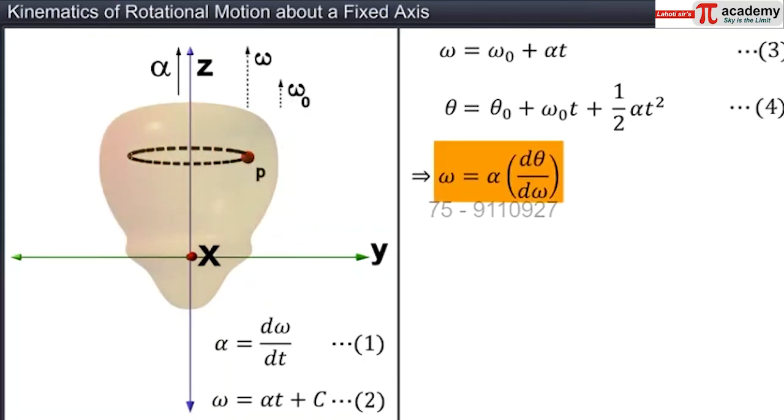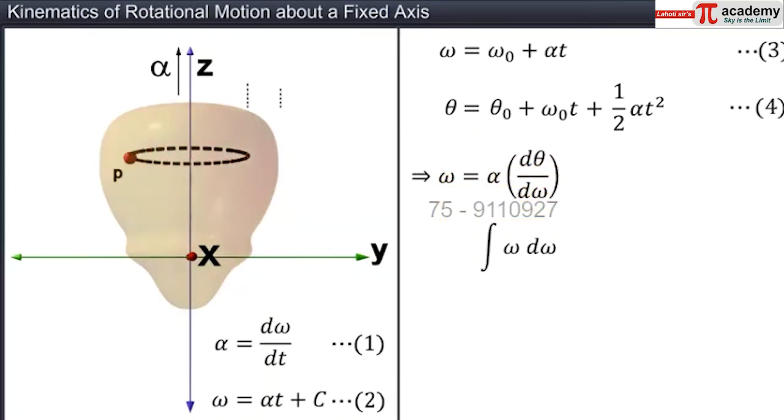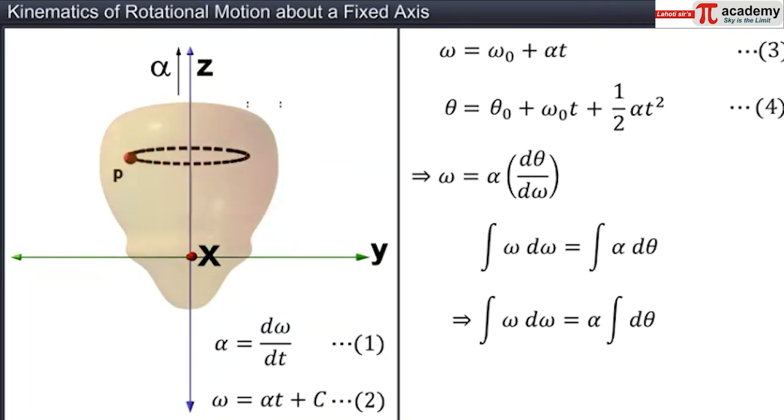Integrating the expression, we get integral omega d omega is equal to integral alpha d theta, which is equal to alpha into integral d theta.